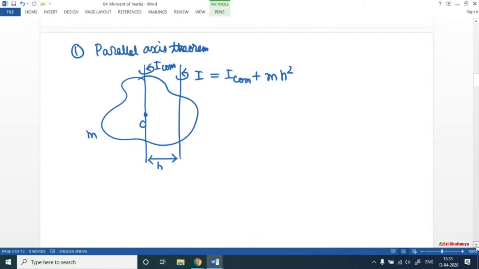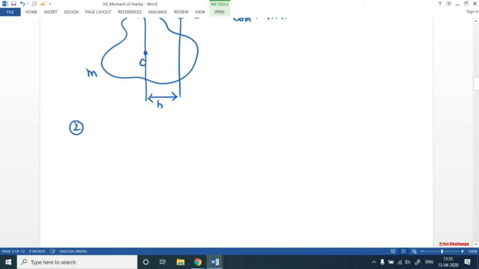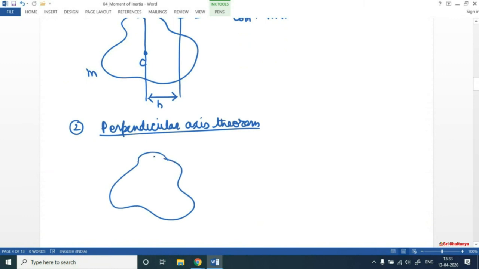Okay, and the other important theorem is known as the perpendicular axis theorem. It simply states that if we have a two-dimensional body, let's say in the xy plane, the perpendicular axis theorem is applicable only for two-dimensional bodies.